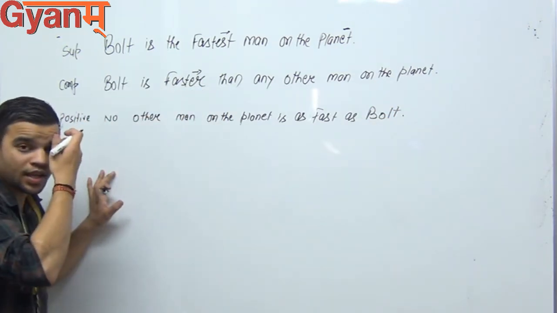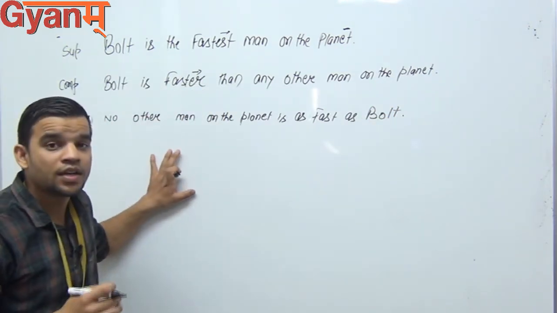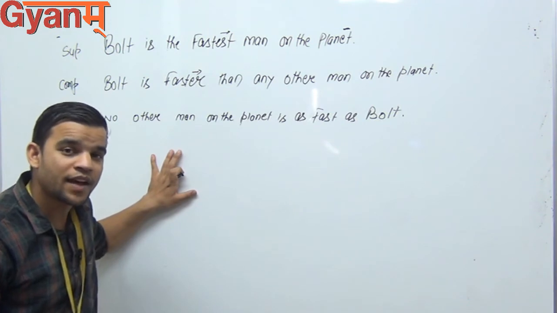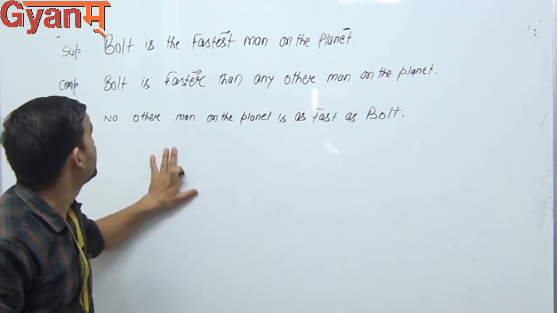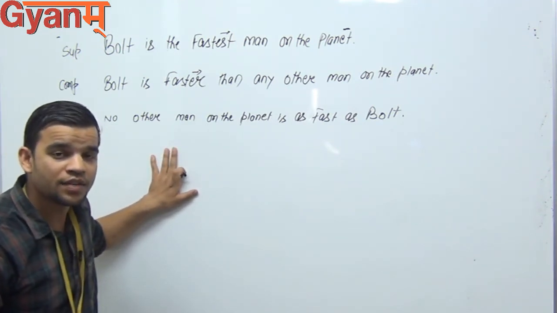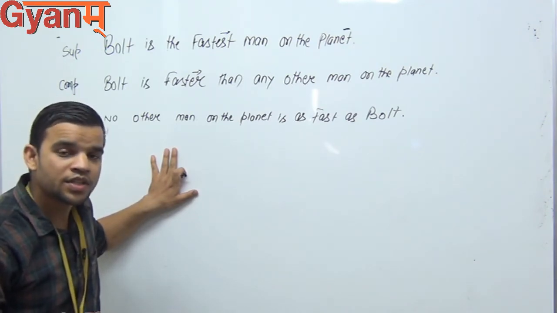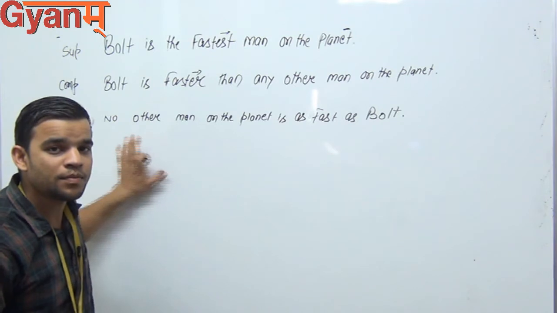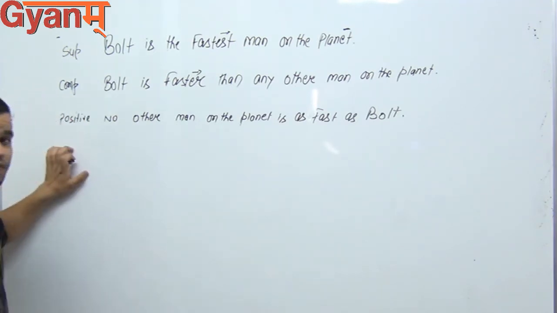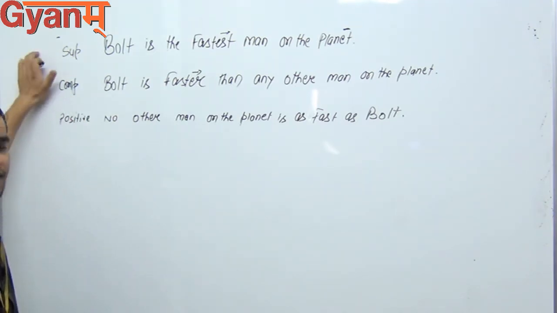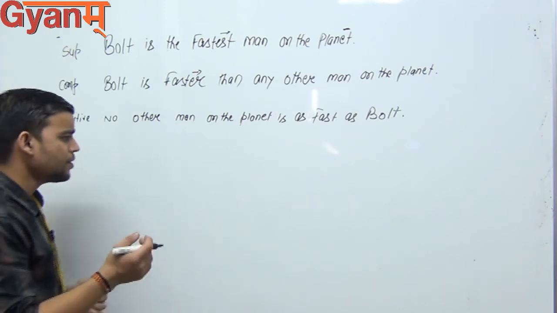So I have written three sentences having the same meaning: one in superlative degree, one in comparative, and the final one in positive degree. That is how we have three degrees of adjectives: positive degree, comparative degree, and superlative degree.